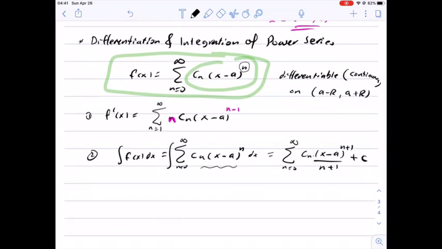If you want to understand this more, you can expand the series, integrate each term separately, find the sum of these terms, and then write them in this compact form. So we need to use these tools to find representations of some functions.